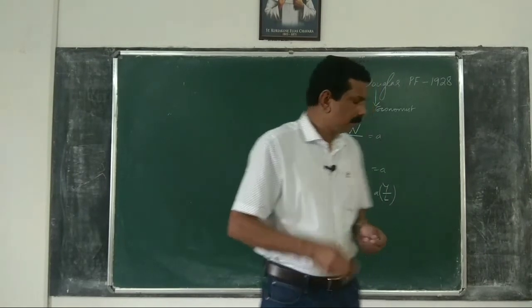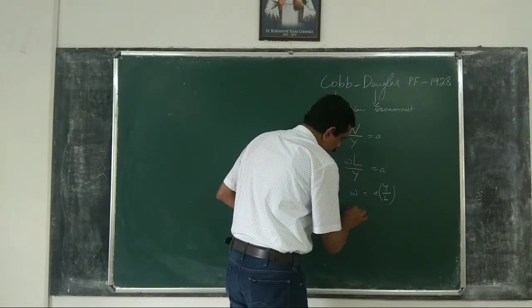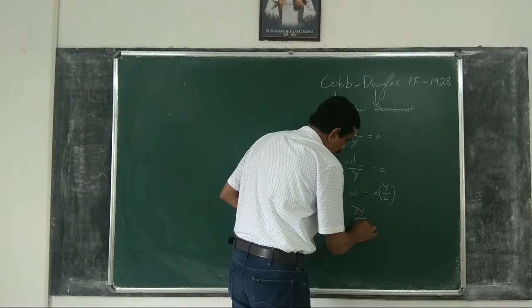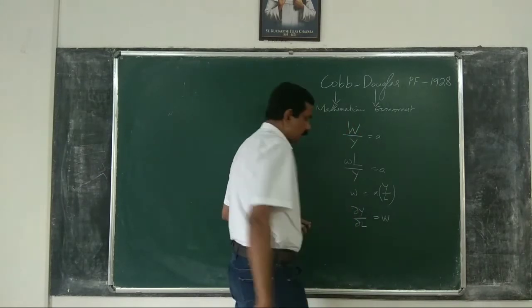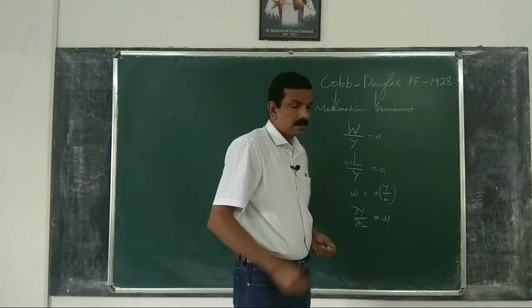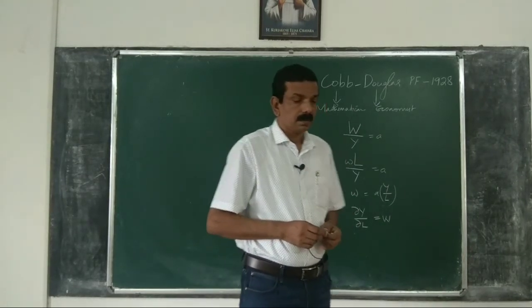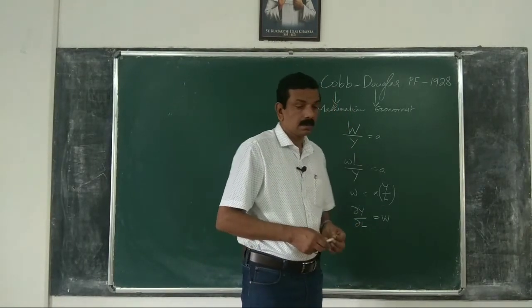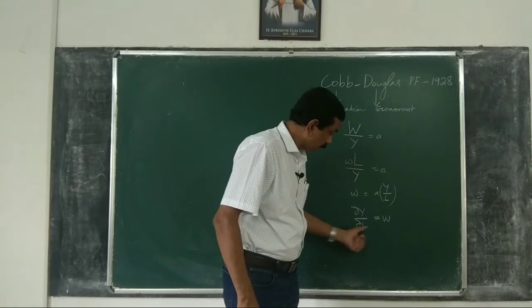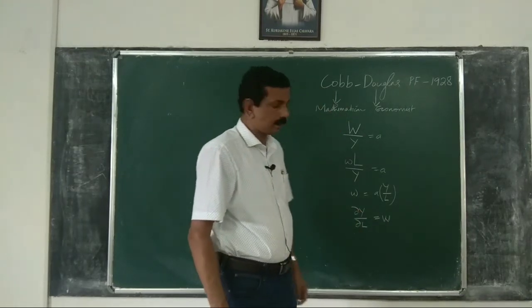Now, according to the marginal productivity theory, dou Y by dou L is equal to W. Dou Y by dou L is the marginal product of labor. W is equal to dou Y by dou L, that is the MPL is equal to wage rate.